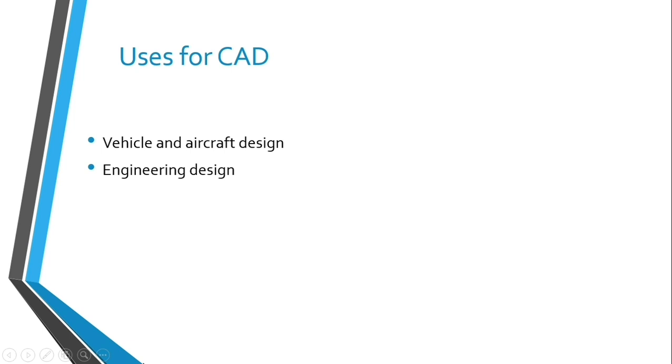Next, engineering design. CAD is hot for engineering design: all machineries, all appliances, all plastic components, plastic industries, everything comes under engineering design. Without CAD, there is no engineering design. Of course, it is there, but as we talked about, it's all about paper. Nowadays you can manage inventory with product life cycle management (PLM) and product data management.